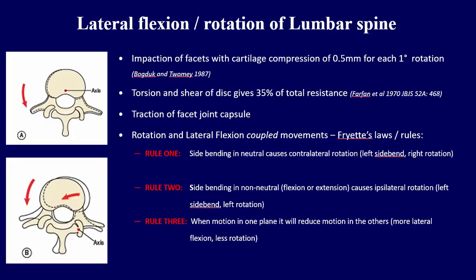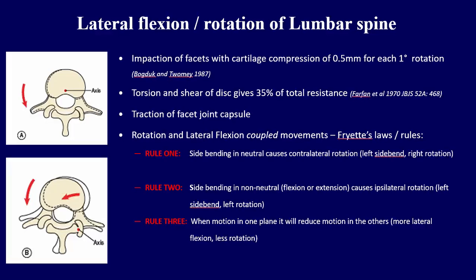This is traditionally known as Fryette's laws, and they are not hard and fast, so they can be used for guidance, but because of articular tropism, that is one facet joint being different to the opposing facet joint on the other side of the body, because of articular tropism, these rules will not always apply.